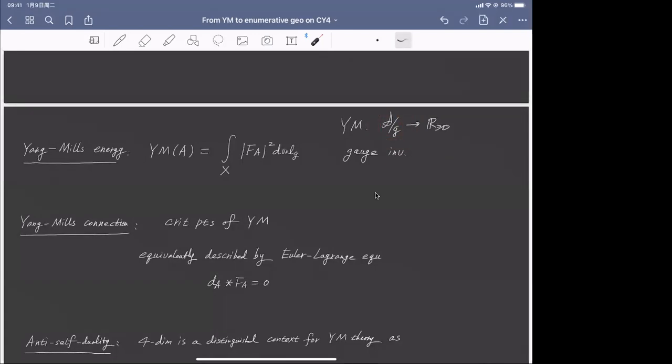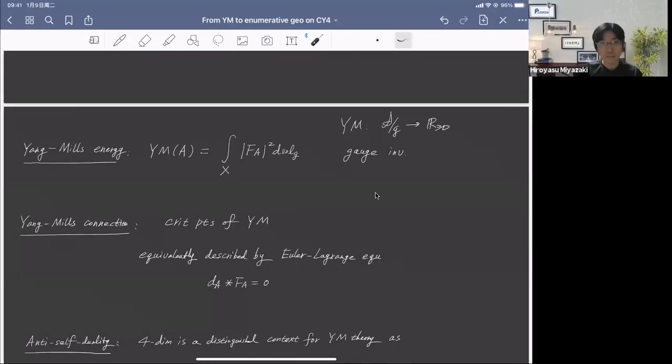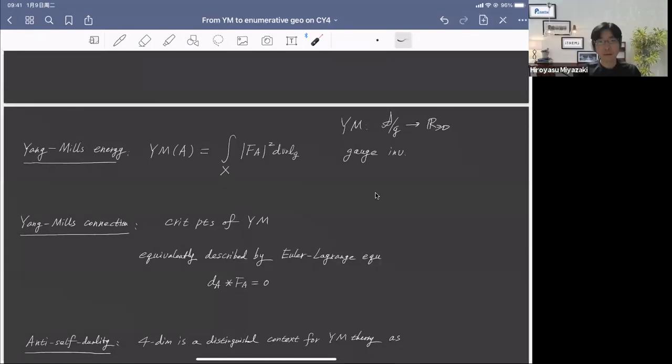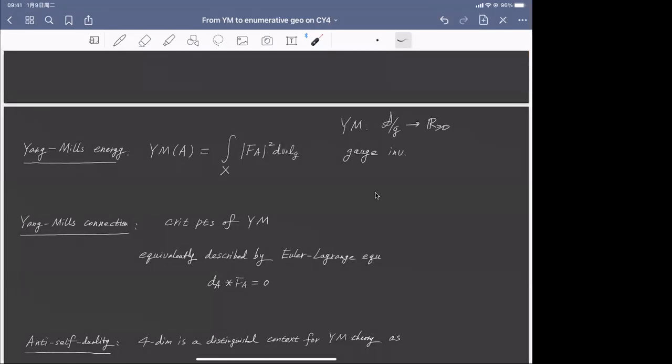First of all, if you can construct some non-negative function on some parameter space, you can, naively speaking, say this is some energy. Because in a very intuitive way, maybe energy should not be negative. So you can also call this a Yang-Mills functional. The key point here is this is always non-negative.